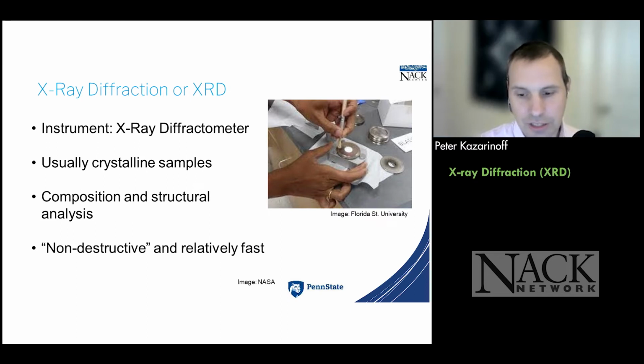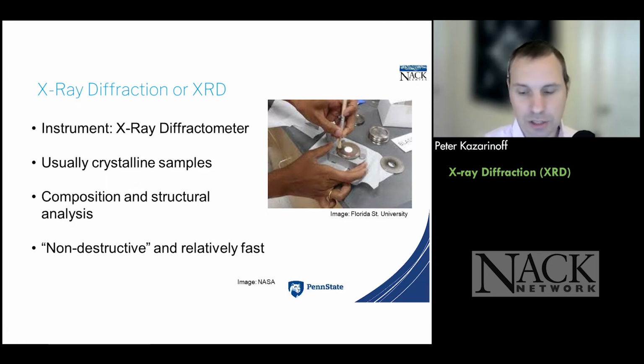X-ray diffraction is done with an instrument called an X-ray diffractometer, and it's usually accomplished on crystalline samples. These could be solid samples, and often they are powders. XRD can give you composition and structural analysis information, and it's a pseudo non-destructive process, and it's relatively fast. You can get data in minutes.